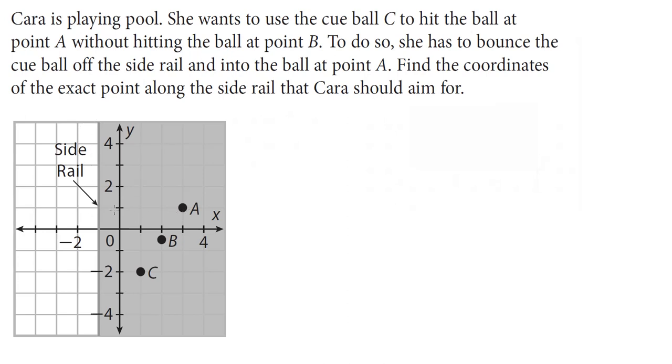So if I look at A, it is 1, 2, 3, 4 units to the right of the side rail. So we need to put A prime 1, 2, 3, 4 units to the left of the side rail. Now what I'm going to do is draw a line segment from C to point A prime.